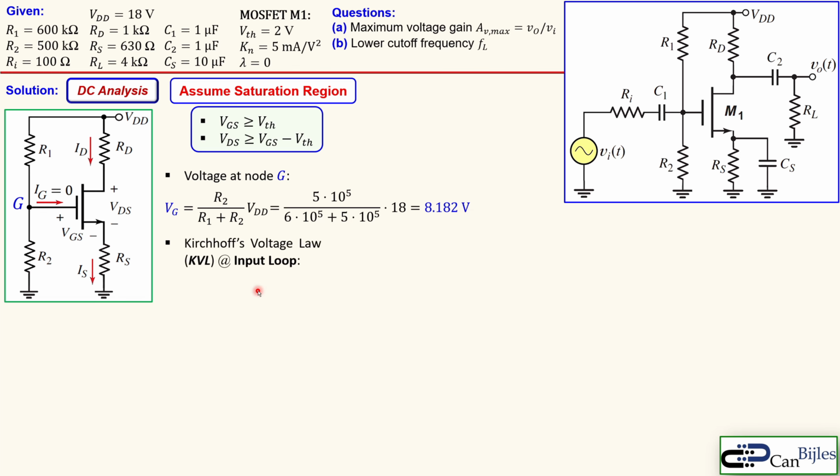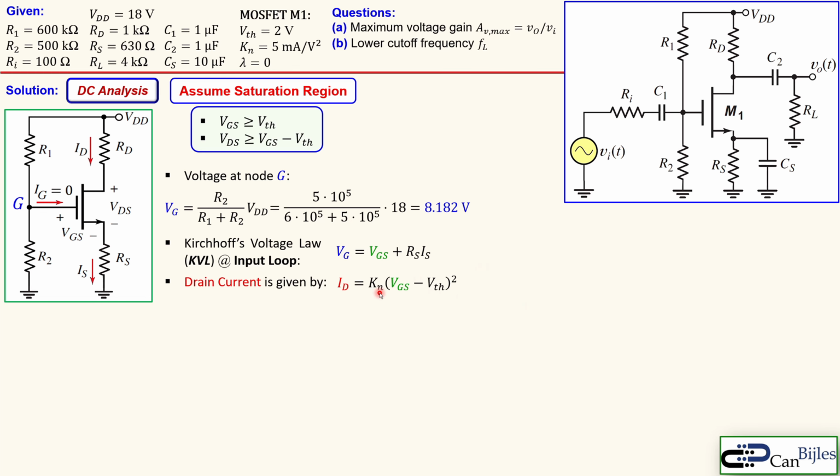Now we can apply Kirchhoff's voltage law, looking from the node G all the way to ground. So we can say VG is equal to VGS plus the voltage across RS, that's shown here. I see here the IS, which is the source current, which is also equal to the drain current ID. Since we assume that the saturation region is valid, we can use the following drain current formula, given here as a quadratic equation.